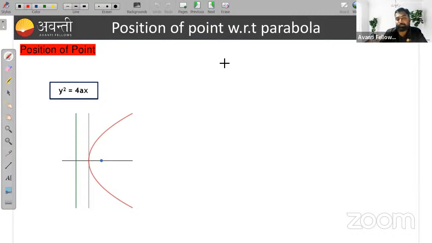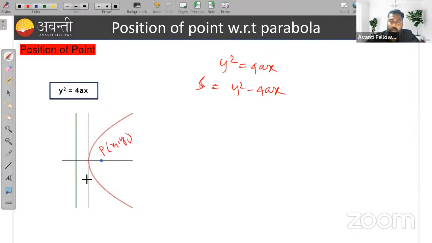So here we have y square is equal to 4x, so my S becomes y square minus 4x. Suppose this is the point whose coordinates are x1, y1. It is lying inside the parabola. When can we say the point is lying on the parabola?